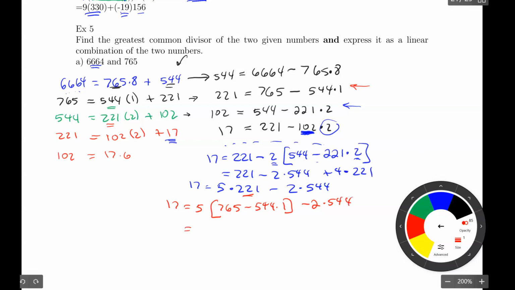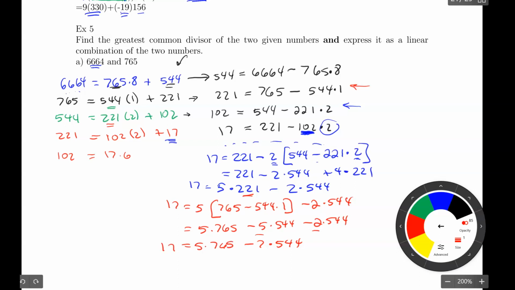So let's multiply that out. 5 765s minus 5 544s minus 2 544s. So what does that give me? This gives me a total of negative 7 544s, and then I have a 5 765.